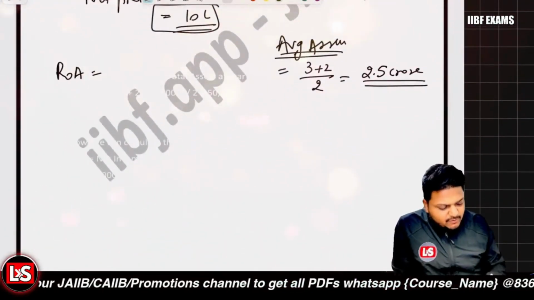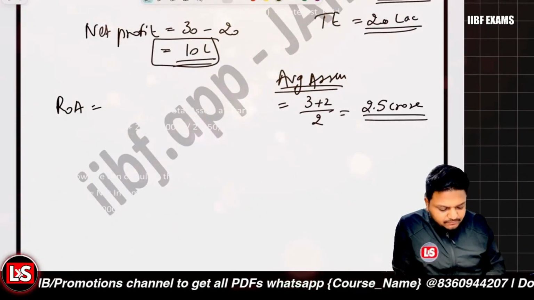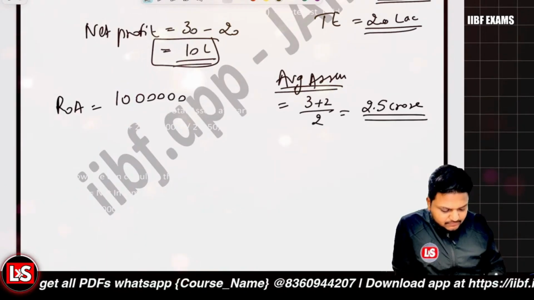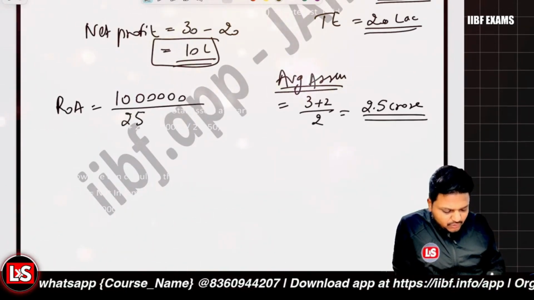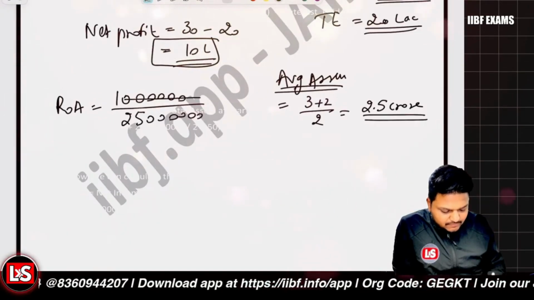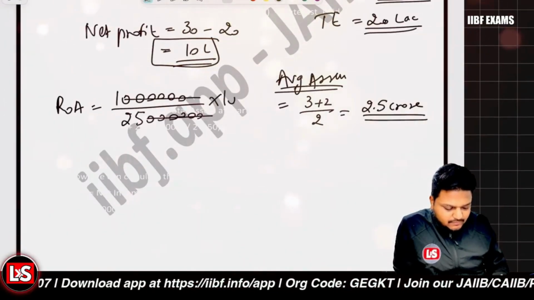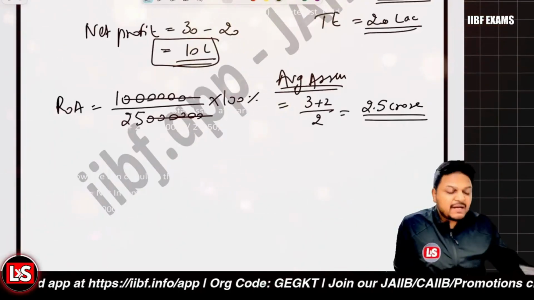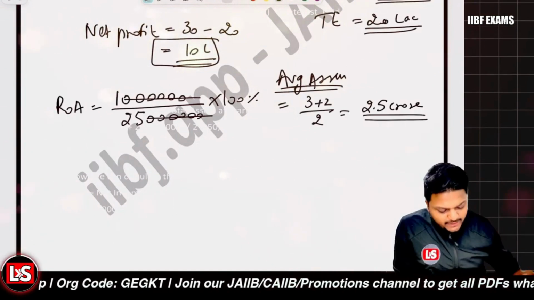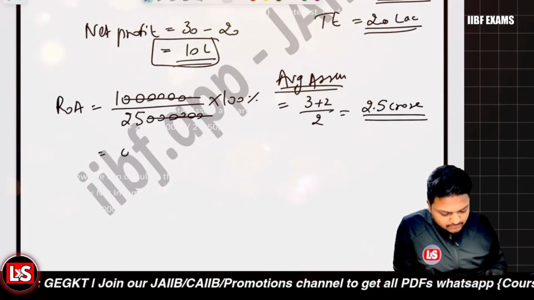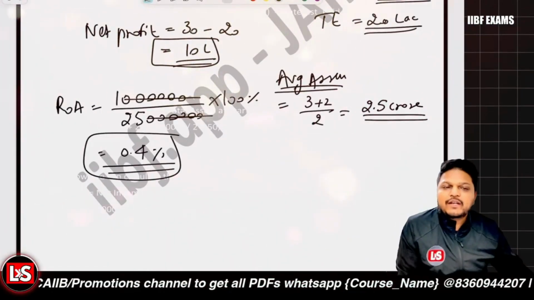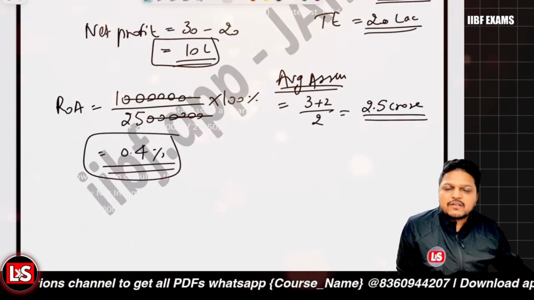So ROA would be equal to net income, that is 10 lakh, divided by 2 crore 50 lakh, multiplied by 100%. So ROA would be equal to 0.4%. Clear with it?